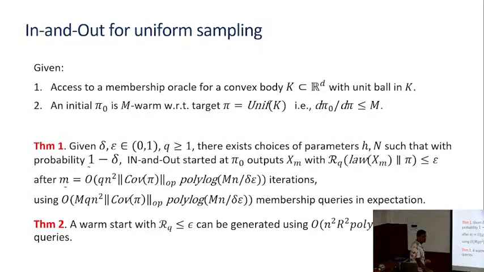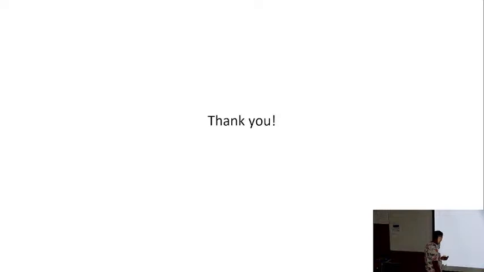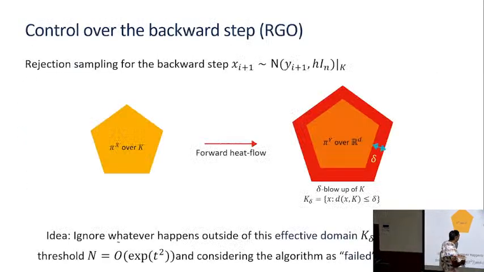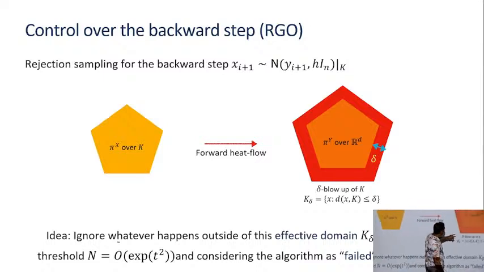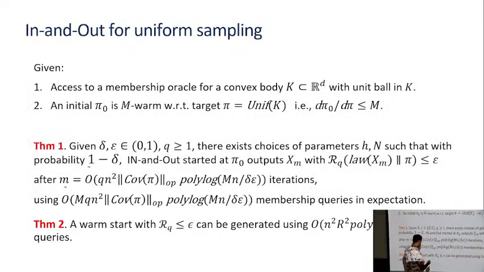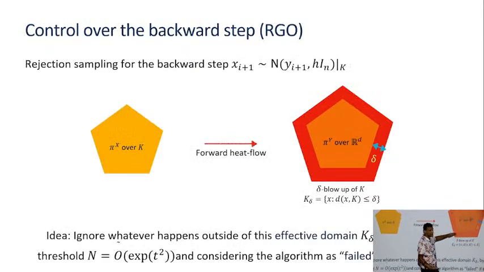This is isoperimetric. Sorry? This is isoperimetric. Yeah, so why is this, sorry, I'll thank you in a second. Why is convexity useful here? Because what we need here is that the ratio of the boundary to the volume of the set, the ratio of this expanded set, K delta to K, should be small.